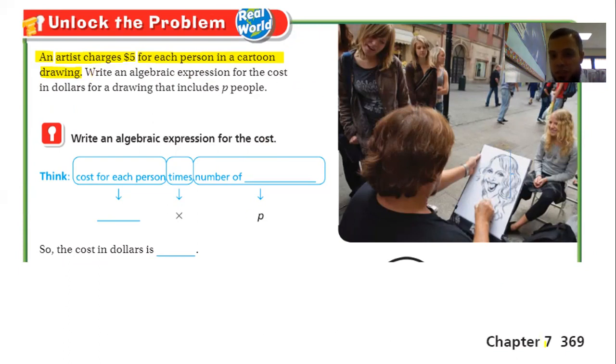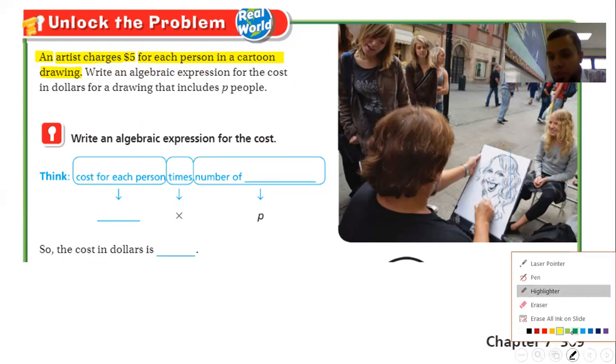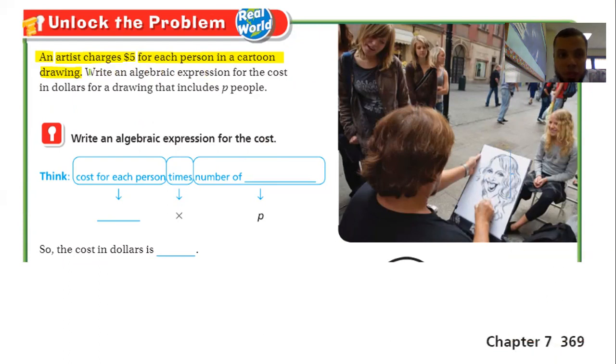The question says, write. Here you need to be careful. Write an algebraic expression for the cost in dollars for a drawing that includes P people.